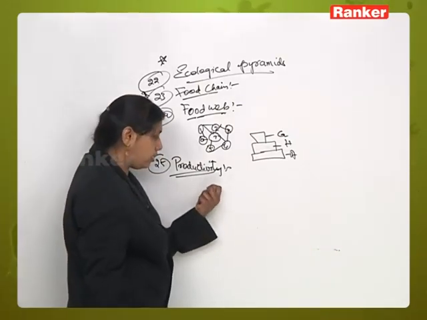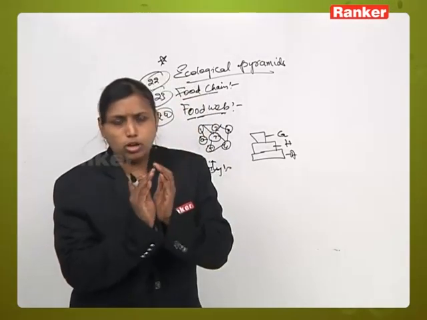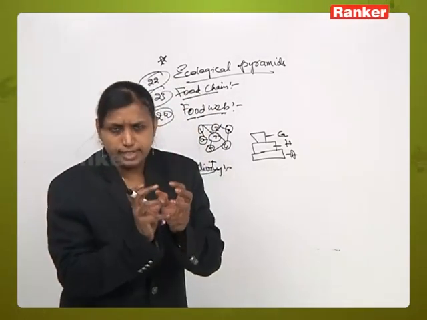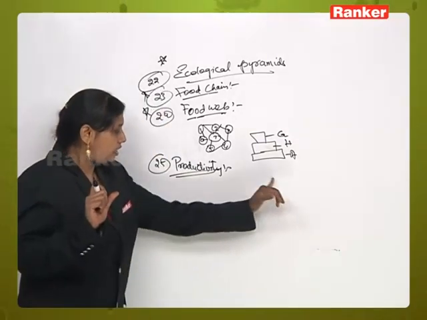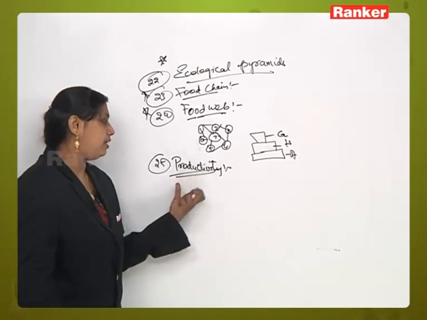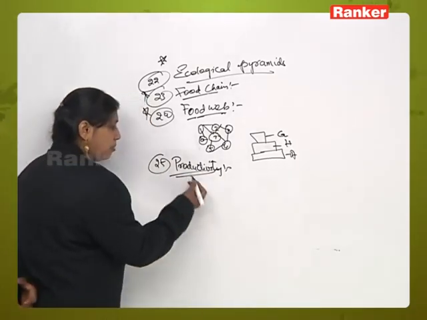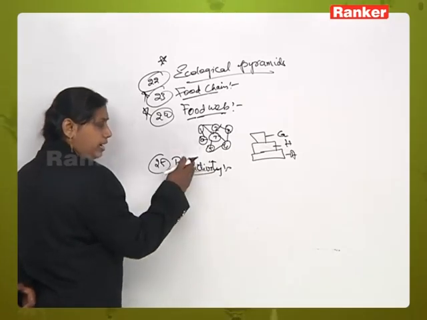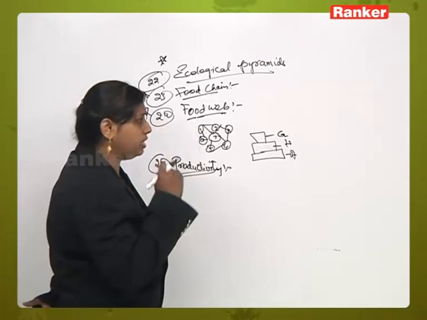It is also called the productivity of an ecosystem. The amount of organic matter accumulated in the living component of each ecosystem is called productivity. Here you have primary productivity, secondary productivity and tertiary productivity, depending upon the level of productivity.